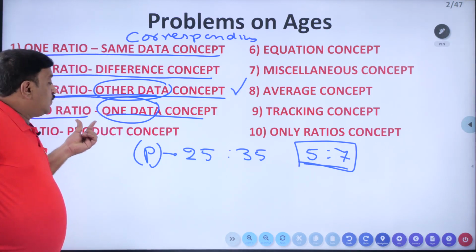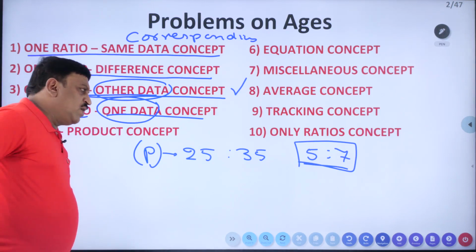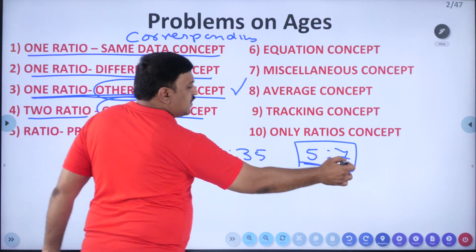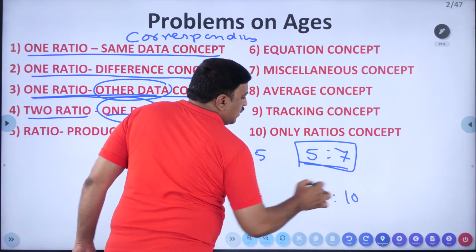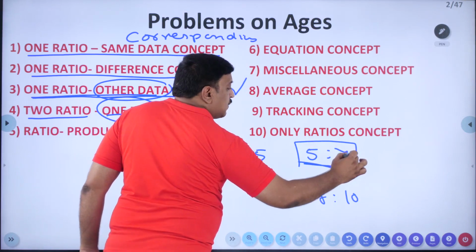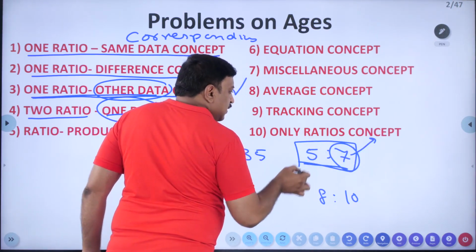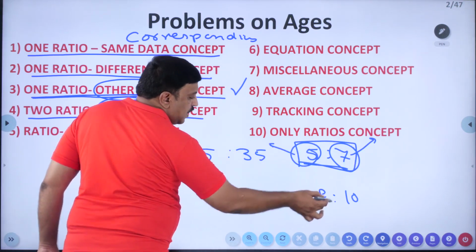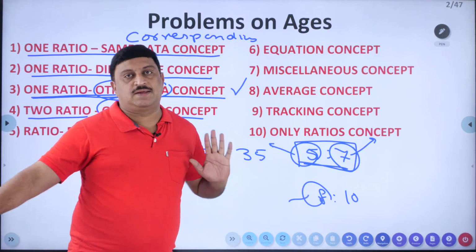And the fourth one is two ratios one data. Two ratio one data means you will have two ratios, 5:7 and another one 8:2, and that one is 10. These two ratios will be given, but they may give the data regarding this part, or after 10 years or before 10 years, like that.